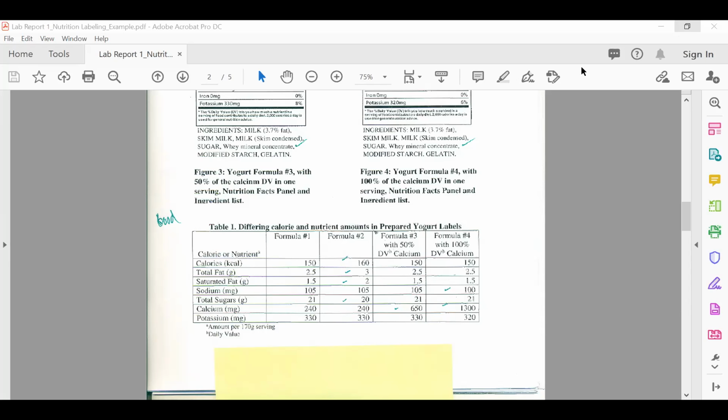You could, so that you can differentiate between what's outside of the parentheses and what's inside of the parentheses, but it's not really a major thing here. But you can't have, for example, ingredients: milk, skim milk, milk, sugar, because you can't have two ingredients called milk. You have to differentiate what they are. Okay, I hope that answered the question.